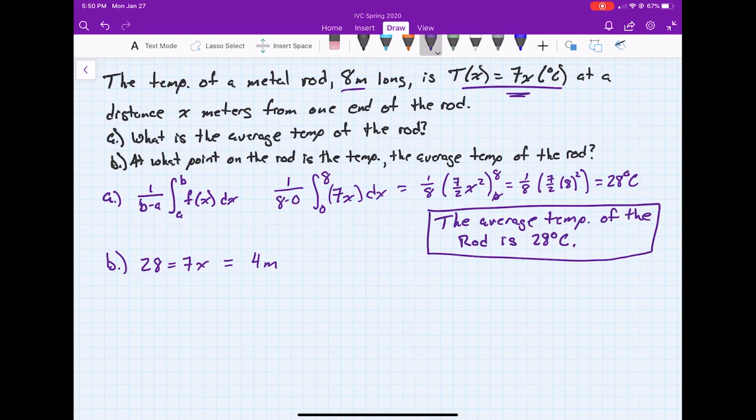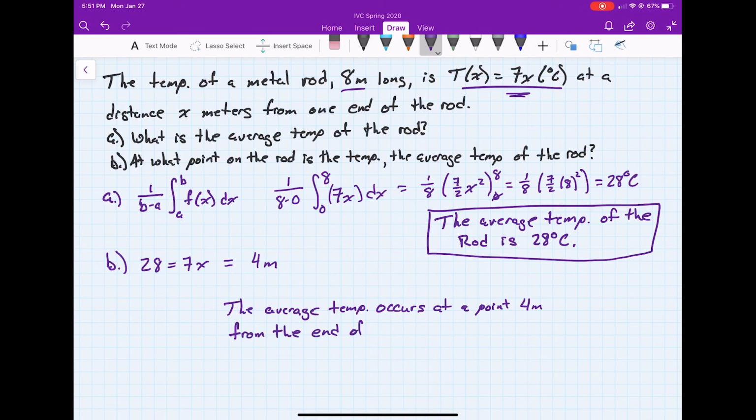And then for this one, it's going to be the average temperature occurs at a point 4 meters from the end of the rod.